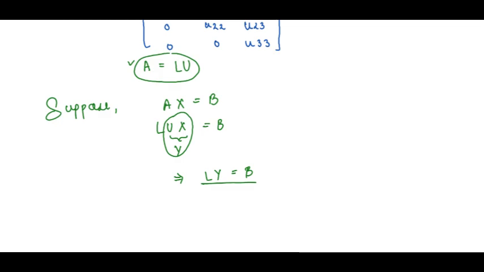The first uses forward substitution, the second uses back substitution. Thus, instead of solving one complicated system, we solve two much simpler systems. This is the beauty of LU decomposition.